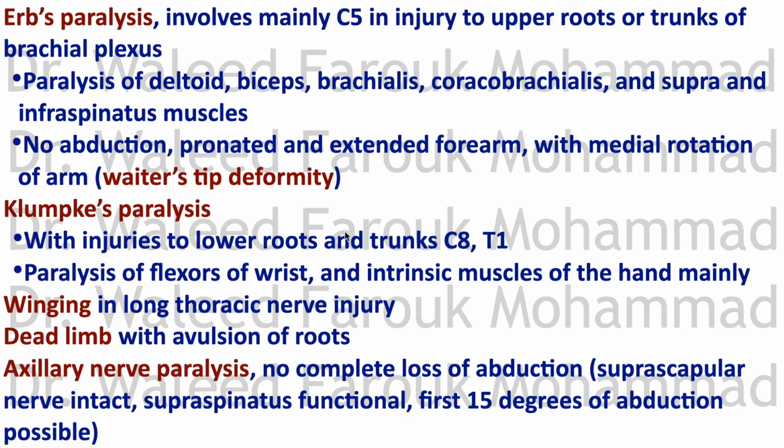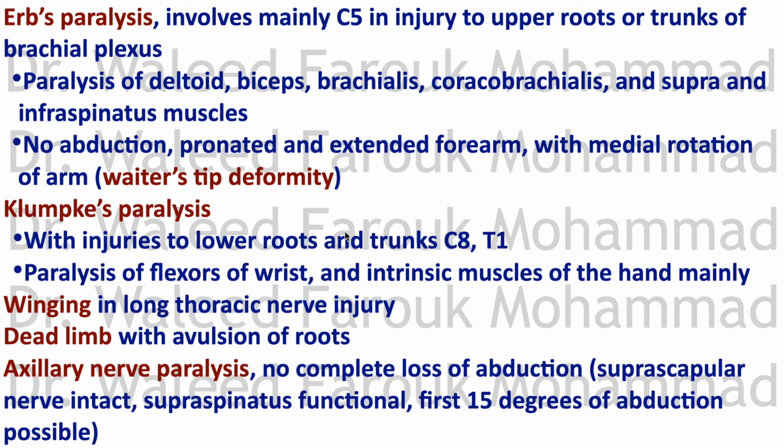Now there are some lesions on the brachial plexus, and mostly happen in faulty deliveries, difficult deliveries when the doctor pulls hard on the arm, or the arm becomes impacted over the head of the fetus, for example, or also common in motorcycle injuries.